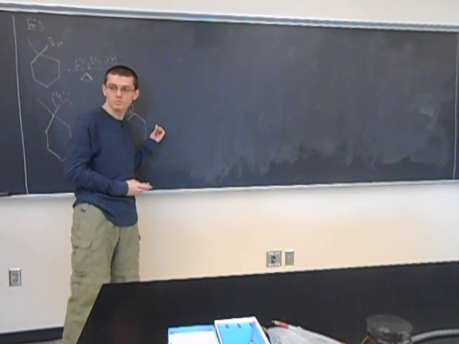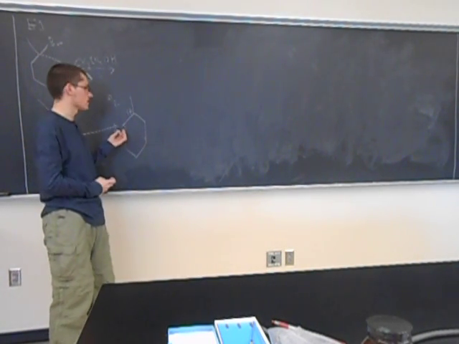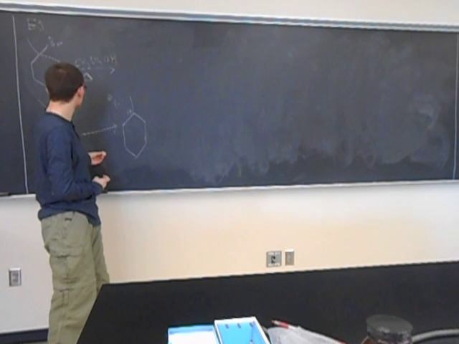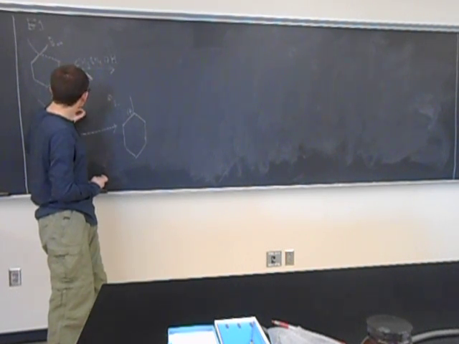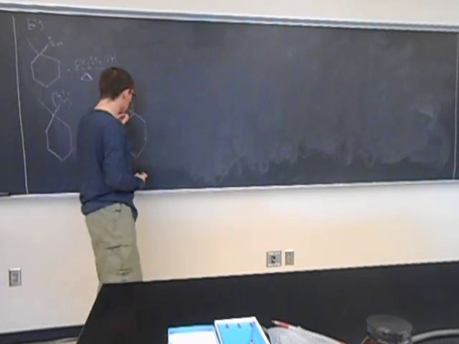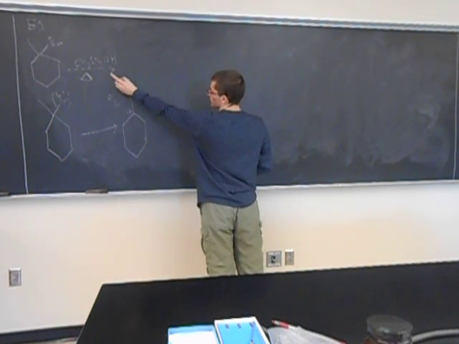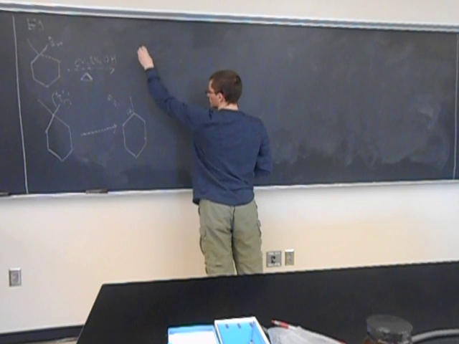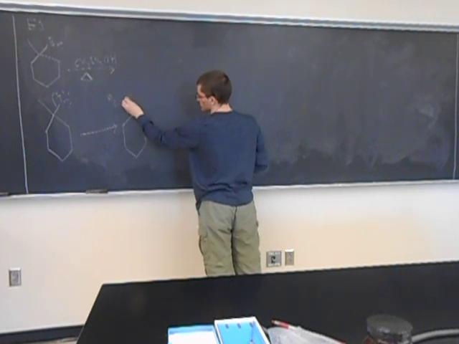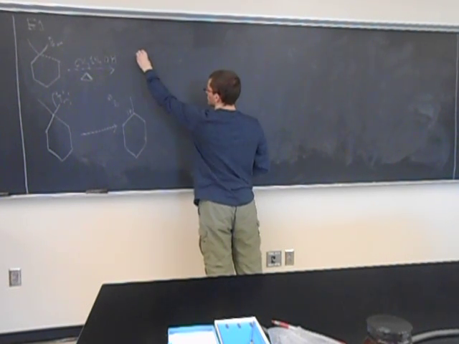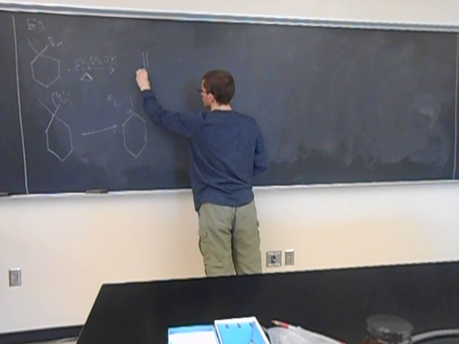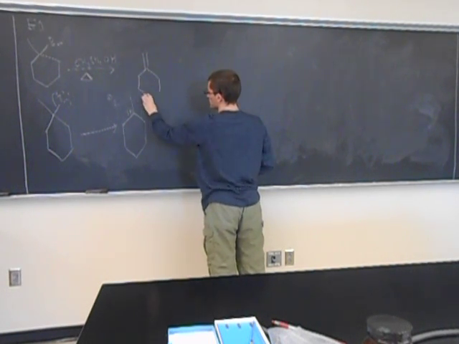And again, this is where it's going to distinguish itself from the SN1 mechanism and compete with it, as we can have the ethyl alcohol remove a hydrogen from here and form this alkene.